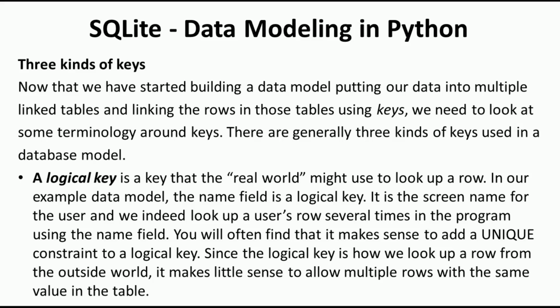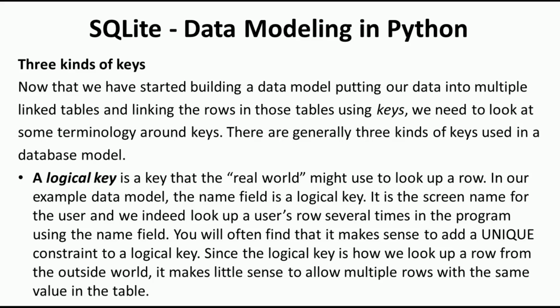You can assume a logical key is something like a real world primary key. So what is the real world primary key we have in our explanation? If you see the people's table, we have 3 things: ID, name, and retrieved. ID is what? Primary key. It is an integer number. It is a primary key. We don't update that particular thing. It will be updated internally.